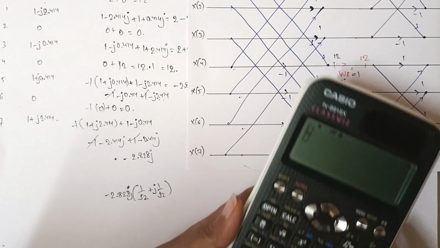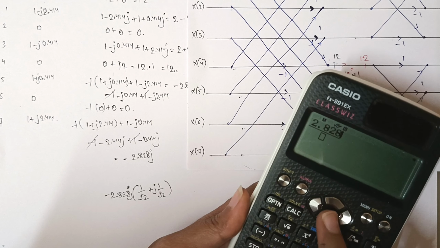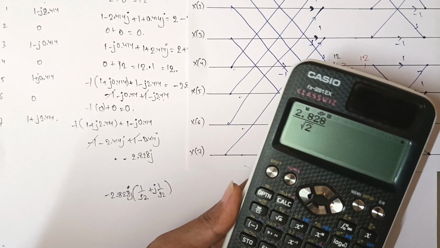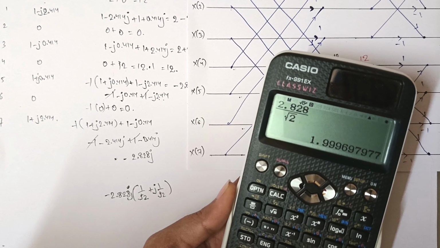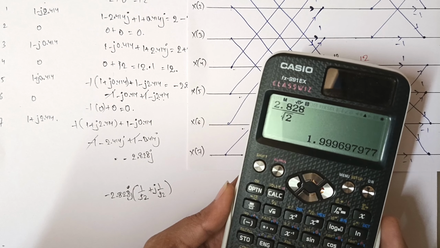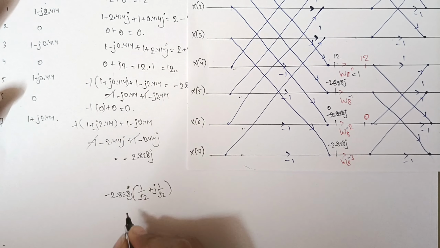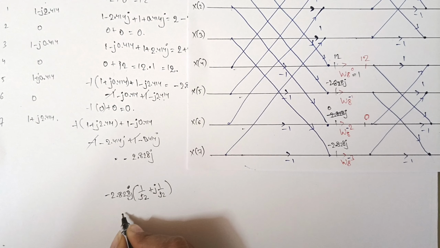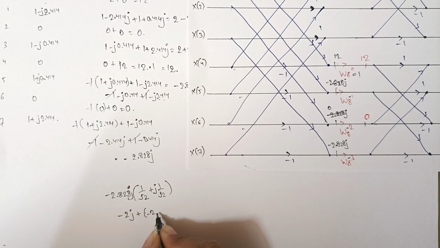So see, if I divide this 2.828 by root 2, we will get the value as 1.999 something, so we can consider it as exactly 2. There is no problem in that. So we will consider it as 2, and we will get minus 2j plus here we will get minus 2j into j.